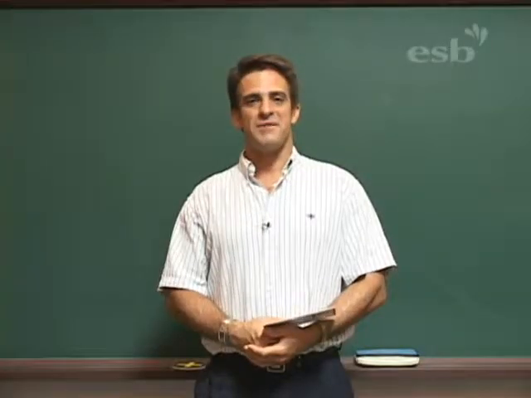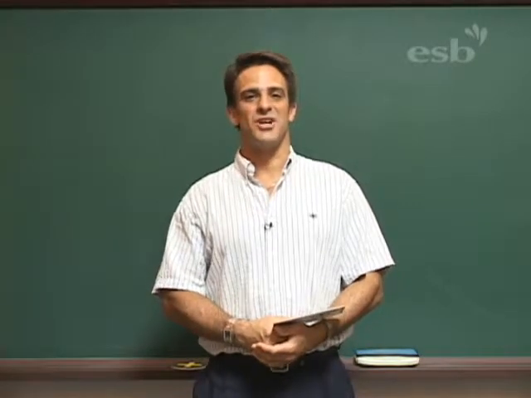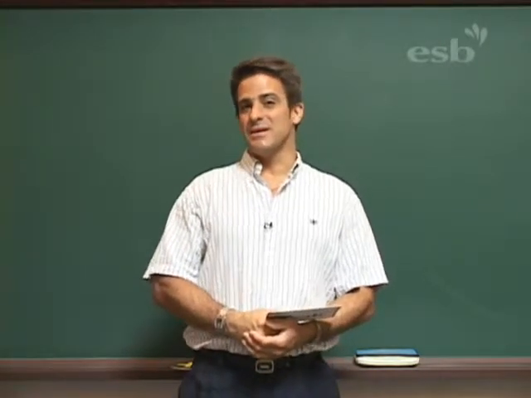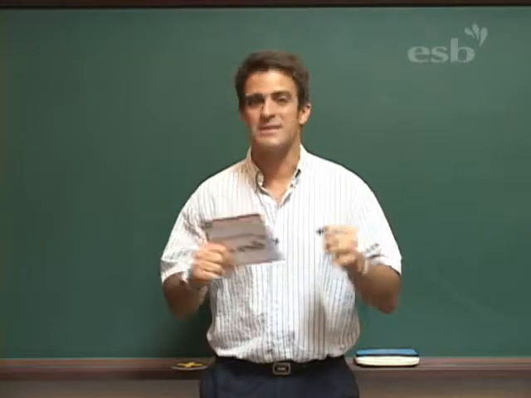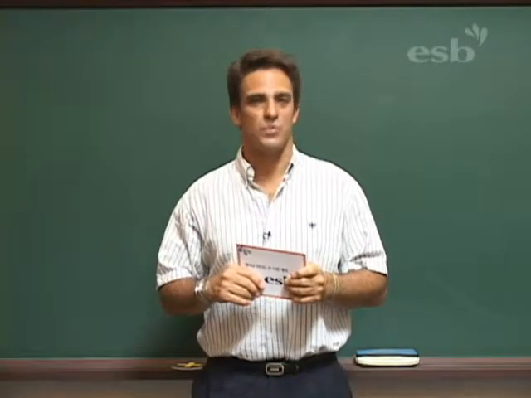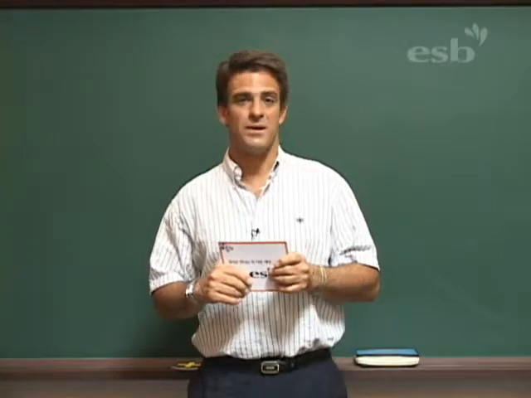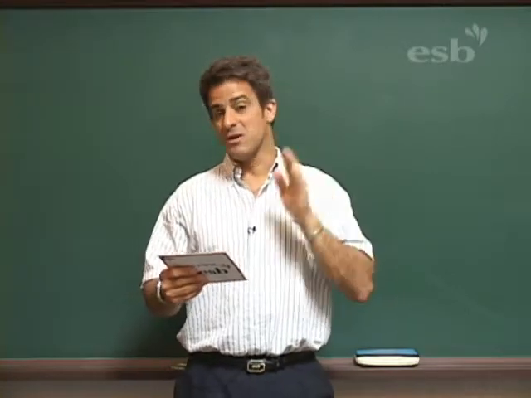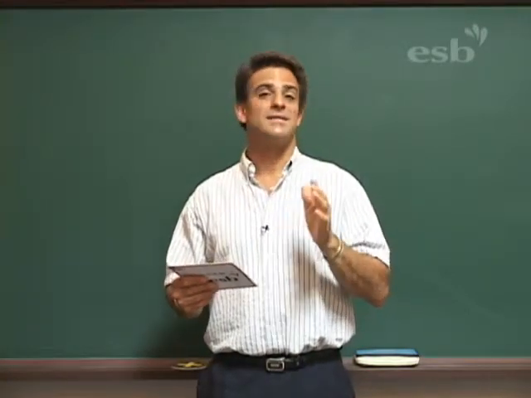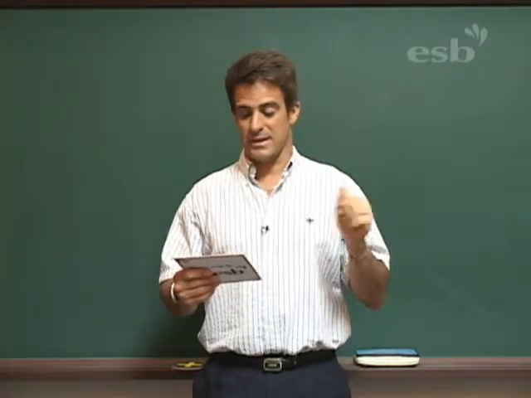Now we're going over to the chalkboard and we're going to focus a little bit more on multiplication rules. Welcome back everyone. Here we are at the chalkboard. Let's look a little closer at some multiplication rules. The first thing we learn is that multiplication has a commutative property like addition.